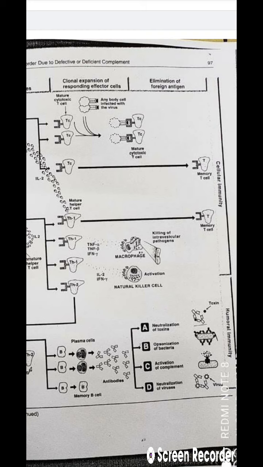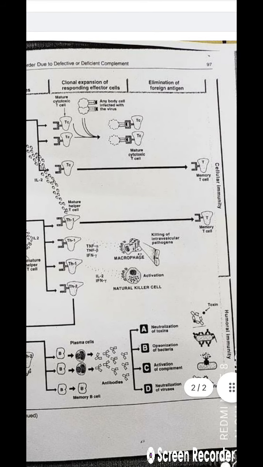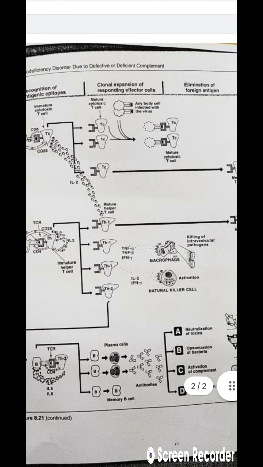Secondary, the primary is the first time, and the secondary immune response occurs when the same bacteria enter the body a second time. And the secondary immune response is very fast. Why is it fast? Because of the presence of these memory T cells. If memory T cells are present in the body for a specific bacteria, what happens?